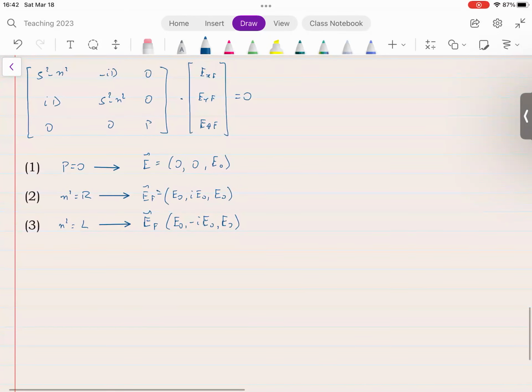Now, we see that in the second and third root, we have electric fields that are perpendicular to the magnetic field and the direction of propagation. So that means that these are transverse waves.